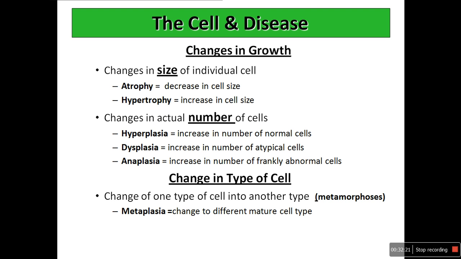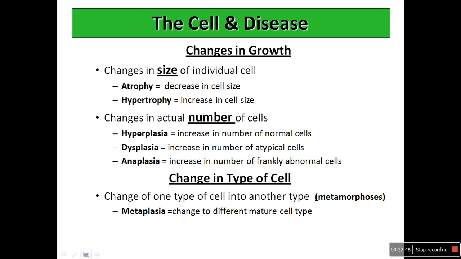It changes in a type of cell. A change of one type of cell into another type is called metamorphosis or metaplasia. What is metaplasia? Metaplasia is a change of one type of cell to another.